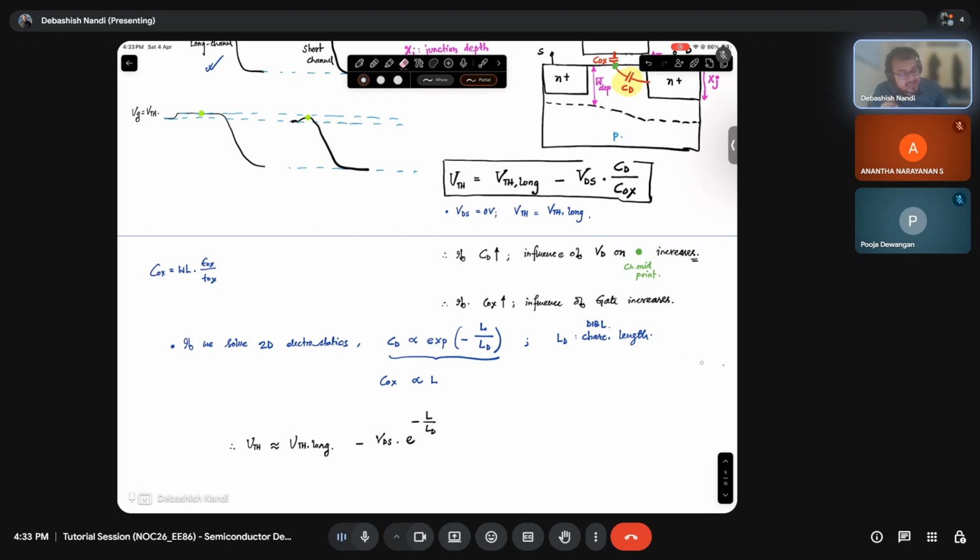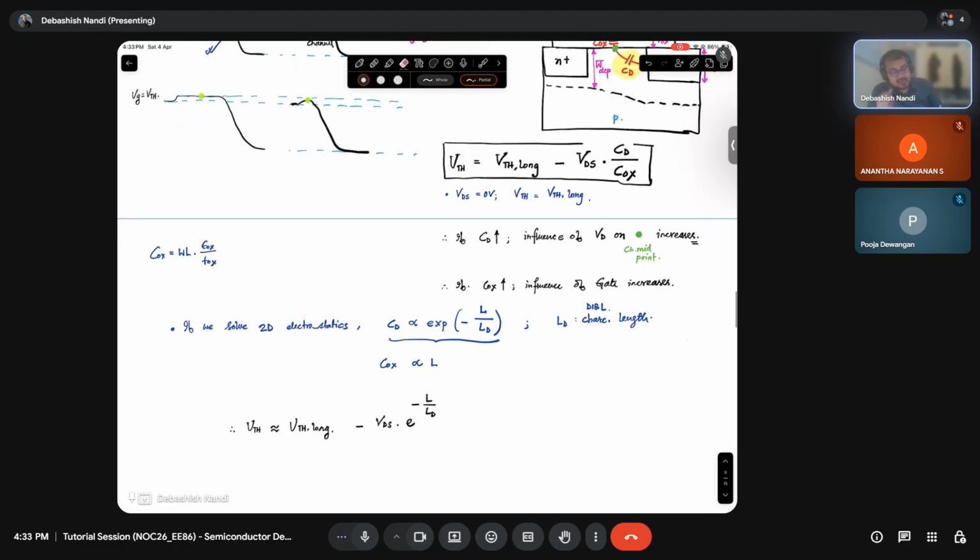So if that is the case, for short channel devices or L lower, VT roll off can be avoided if LD can be lowered.